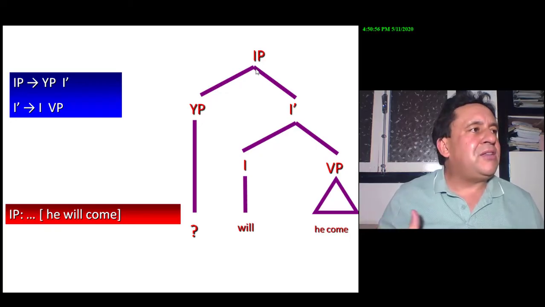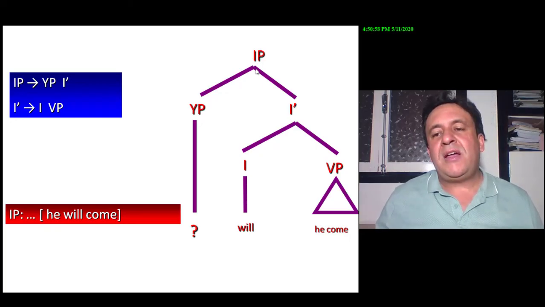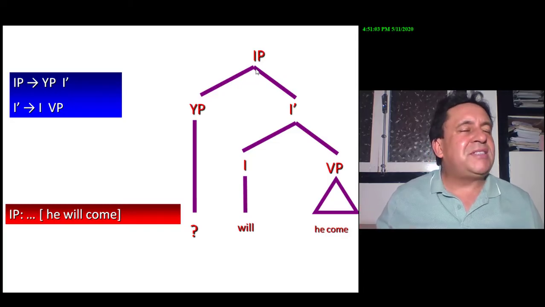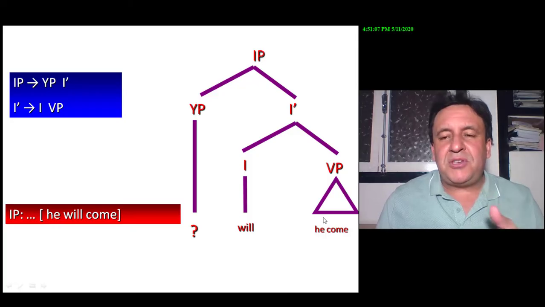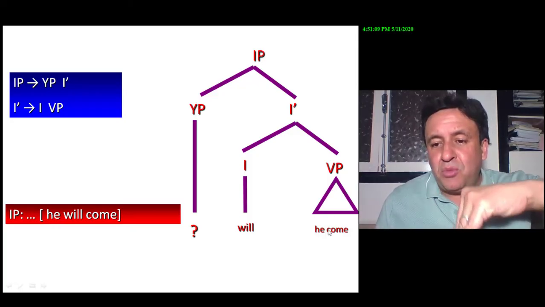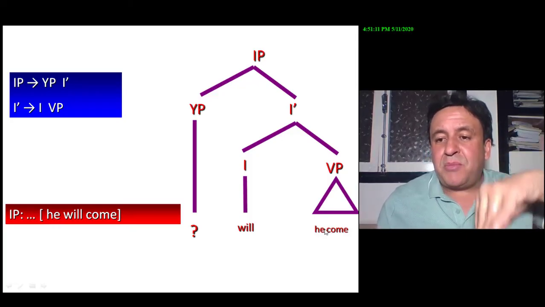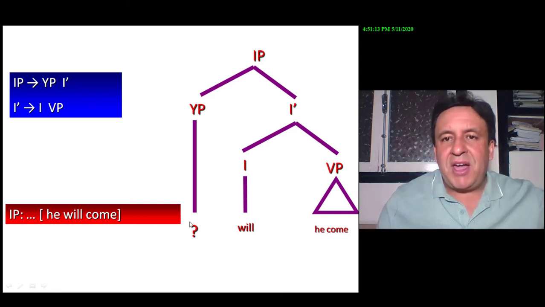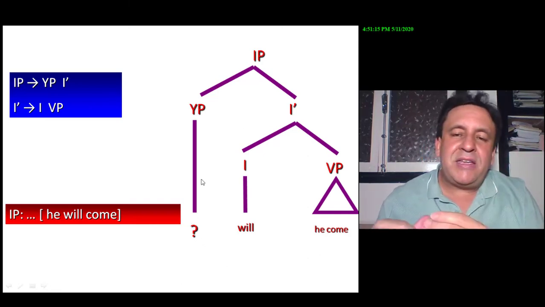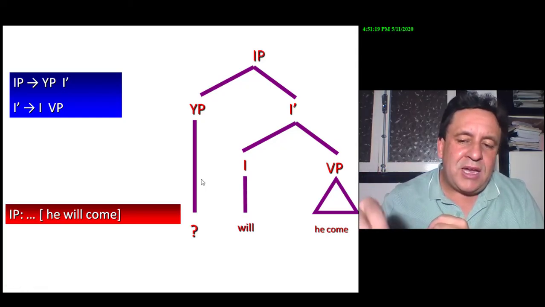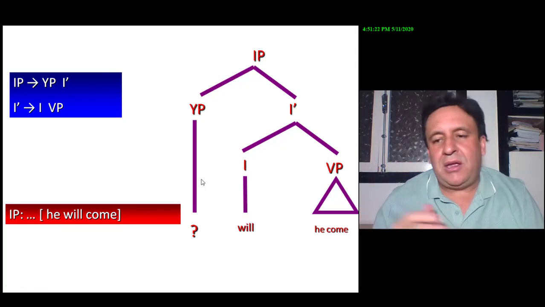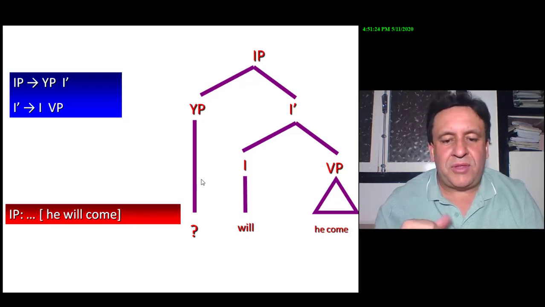This has been called in the syntactic literature the VP-internal subject hypothesis, which is another way of saying that originally the subject is a part of the VP, but then it moves from the specifier position of the VP to the specifier position of the IP. In the tree diagram that I will give you as an example in today's lecture, I will come back to this idea.